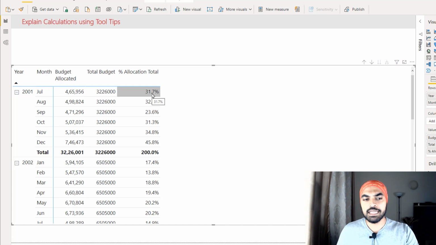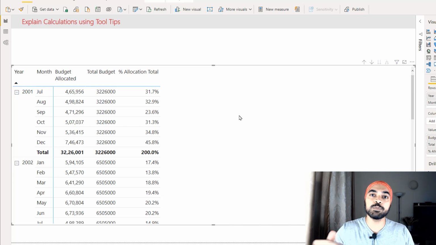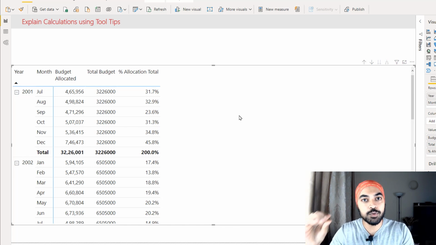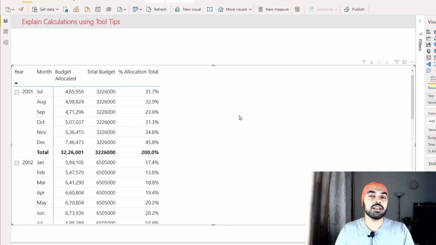I don't really take that 31% and multiply it with 3.2 million to get to this particular number. What I'd have to do is break down this 31.7% and find out which products it is divided between and what was their sales denomination, the total sales of the year, to be able to get that individual product-wise percentage that was totaling up to be 31.7%.